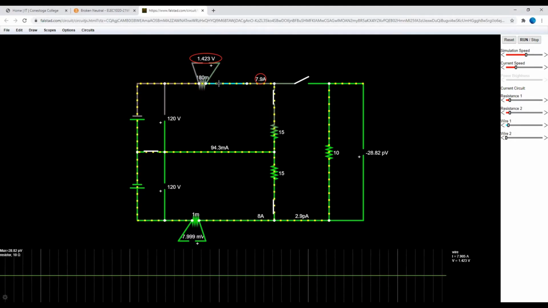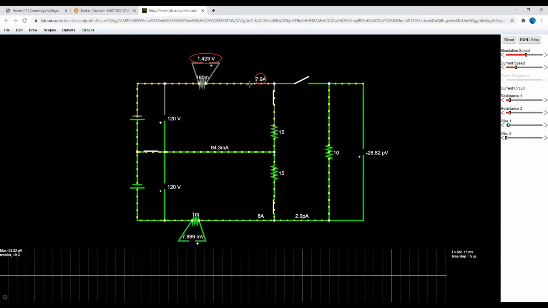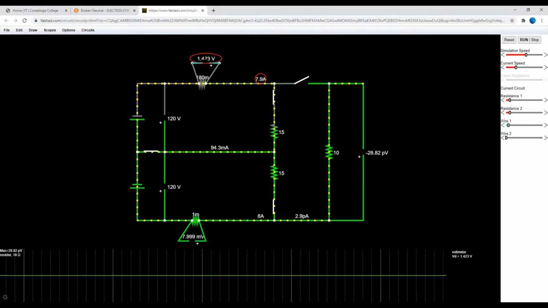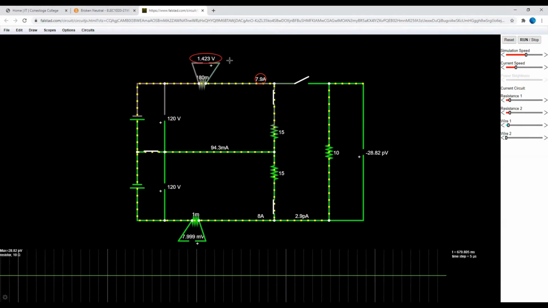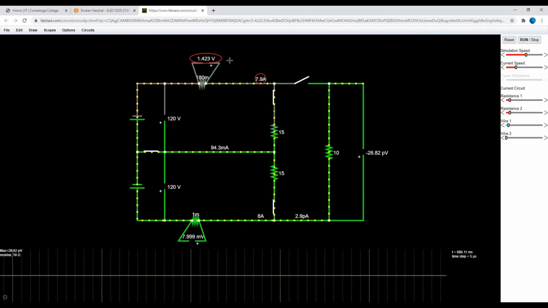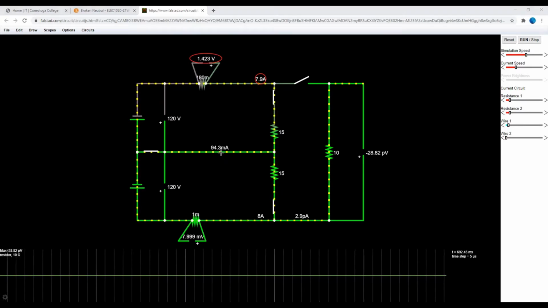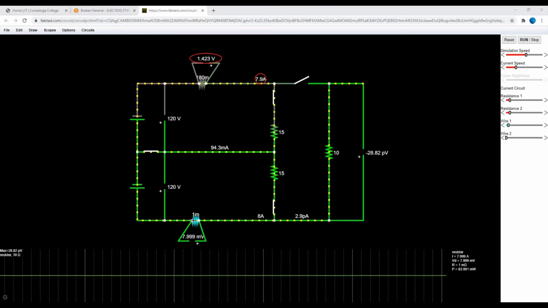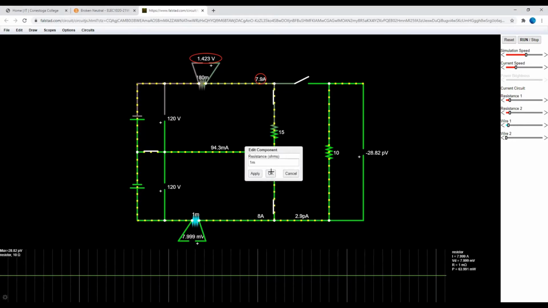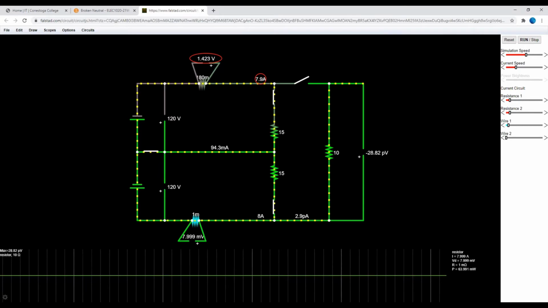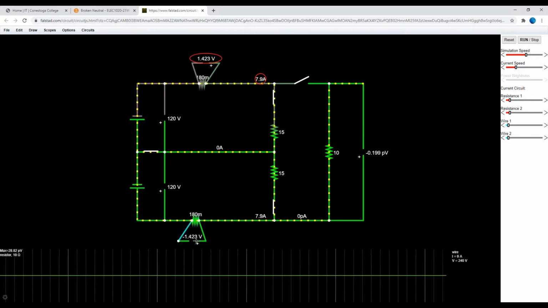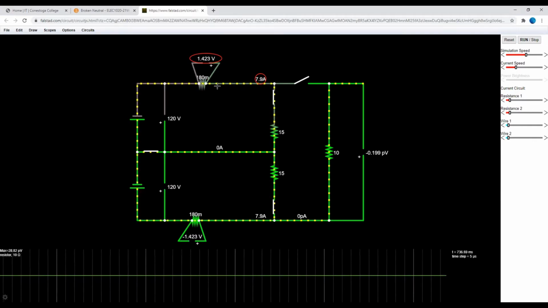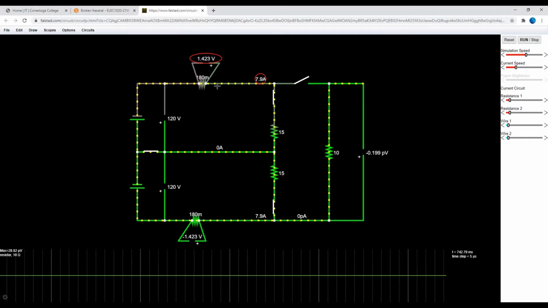If I only have 180 milliohms of resistance along the length of the wire, we are going to experience on the wire itself a voltage drop of 1.4 volts. Because we always have an input and an output, the amount of voltage drop that we have on one wire is going to be multiplied times 2.